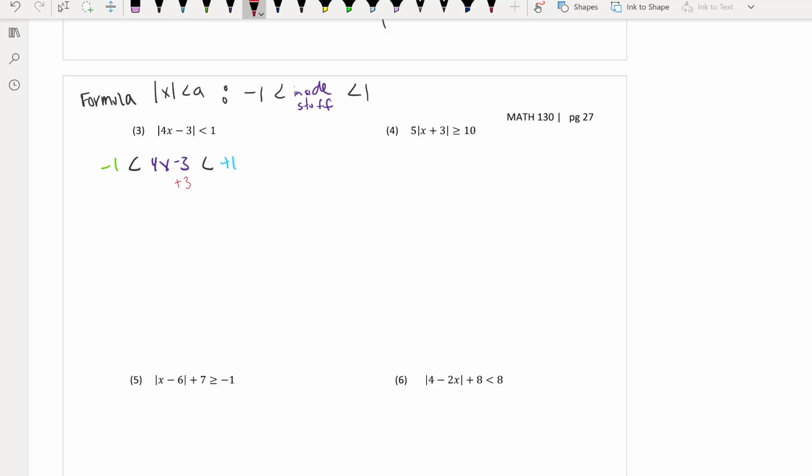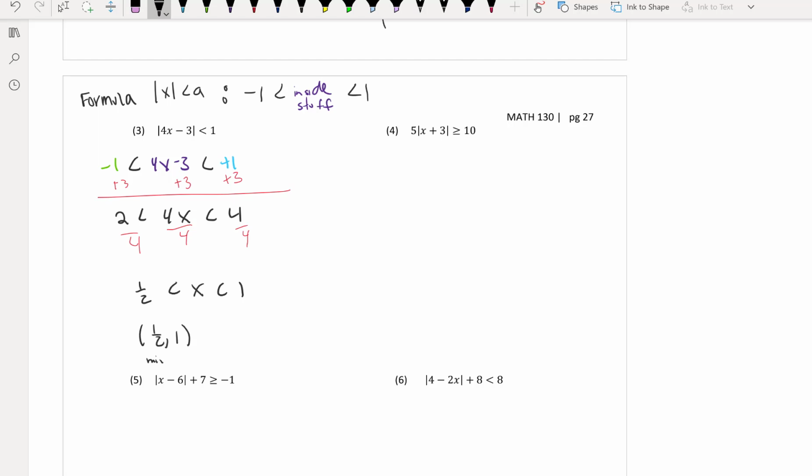So now I'm going to add 3 to all 3 sides to cancel it out. So I have a positive 2 less than 4x less than a positive 4. So now I divide everything by 4, so that I have 1/2 is less than x less than 1. So now I know that my minimum value is 1/2 and my maximum value is 1.